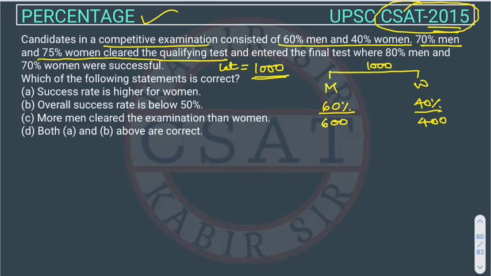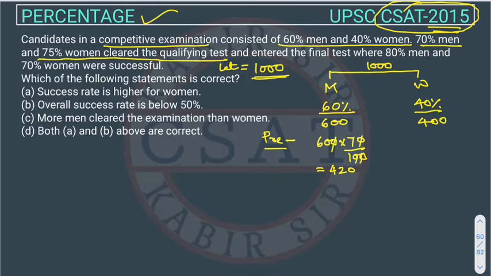70% men and 75% women cleared the qualifying test. So there is a qualifying test, like prelims. How many men cleared the UPSC prelims? 70%. So it will be 70% of 600, right? So this 0 will cancel this 0, so 420.